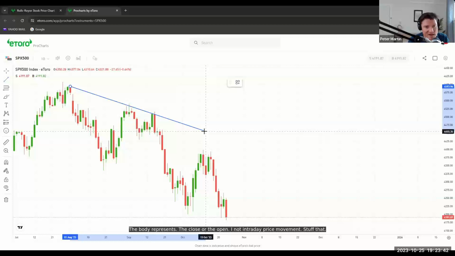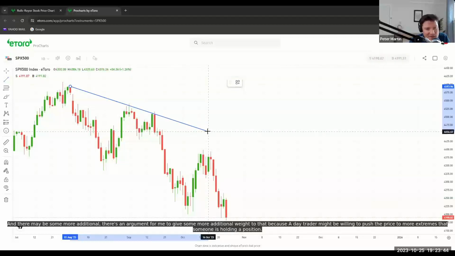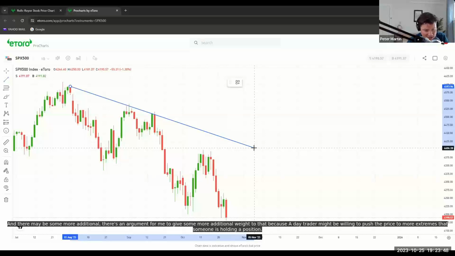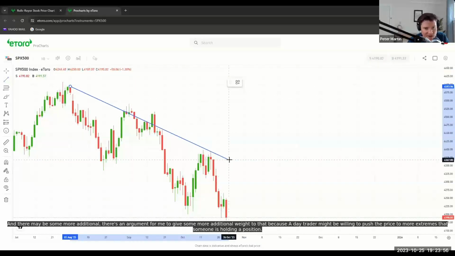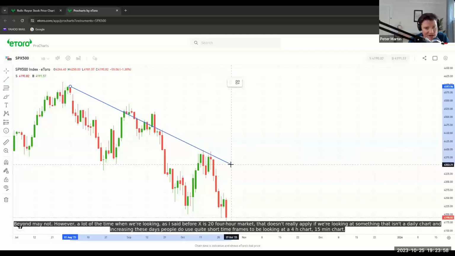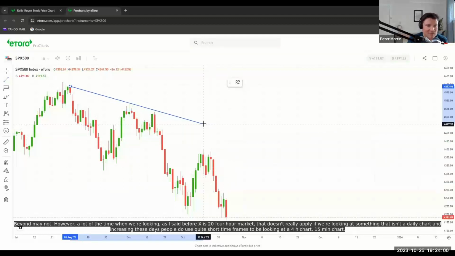There's an argument to be made to give some additional weight to that, because a day trader might be willing to push the price to more extremes than someone who's holding a position beyond may not. However, a lot of the time, as I said, Forex is a 24-hour market, so that doesn't really apply.